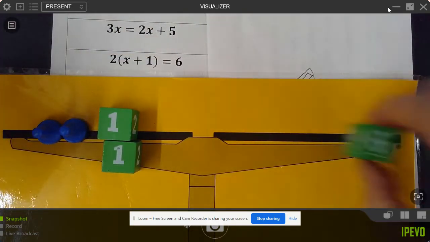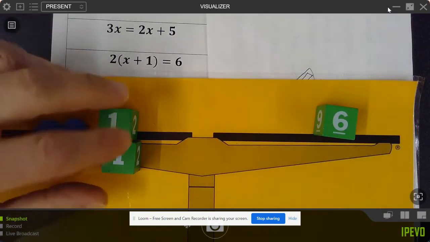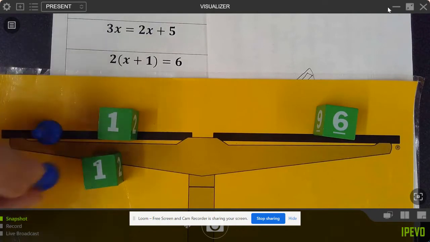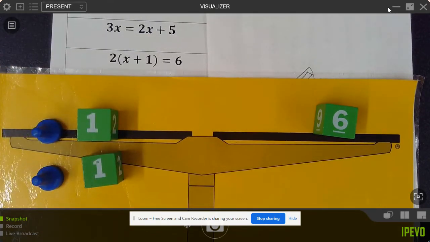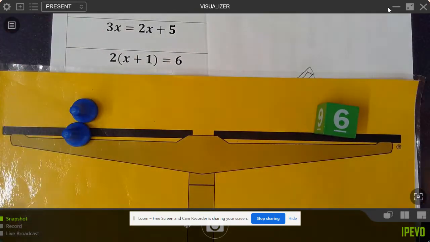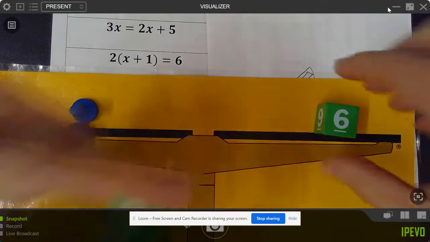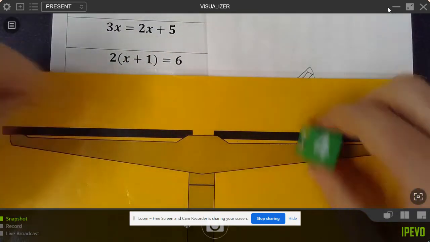But in this case, it equals 6. So 2 times the quantity x plus 1 equals 6. What do you think x would have to be? Well, what I did is I put these two together. I took this 2 off, made it a 4, and then I divided these into two groups. x equals 2.